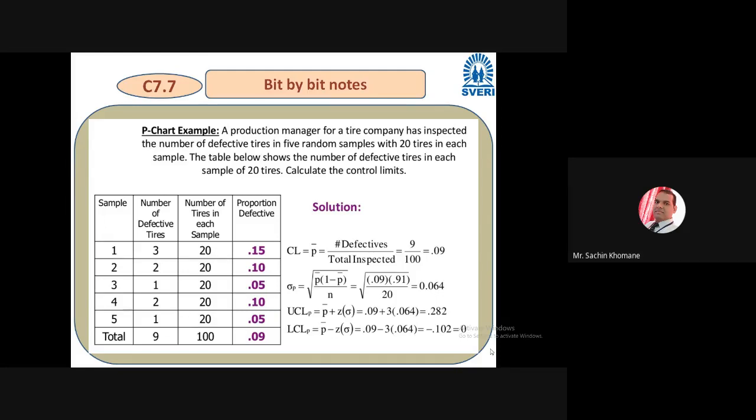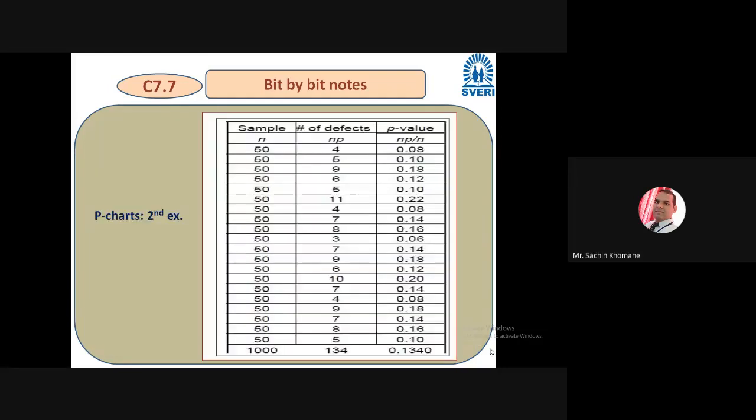So take 1 minute and draw your own graph for only 5 readings. You can take 20, 50 readings also. This discussion we have made for only 5 samples. Okay, done. No problem.